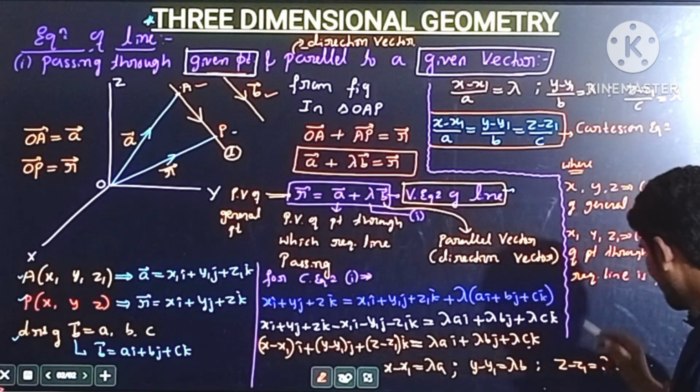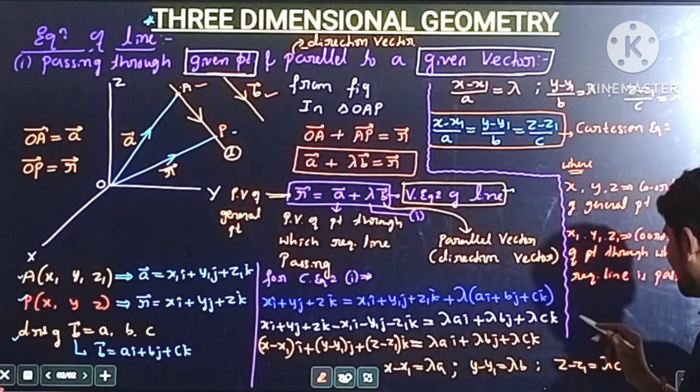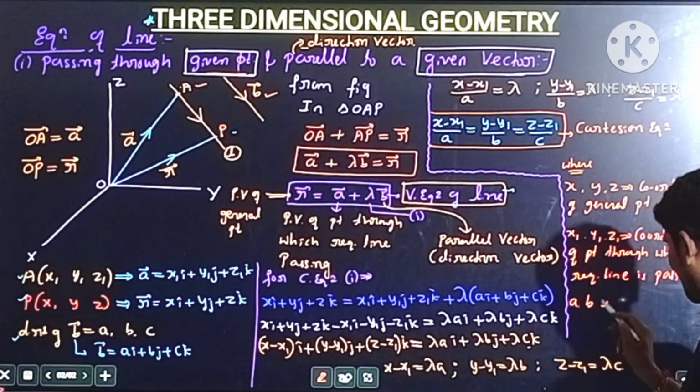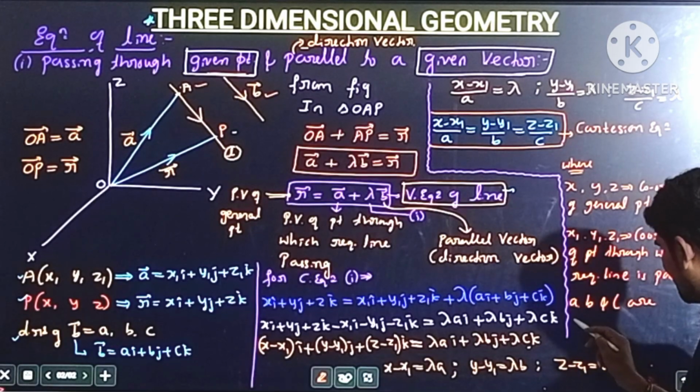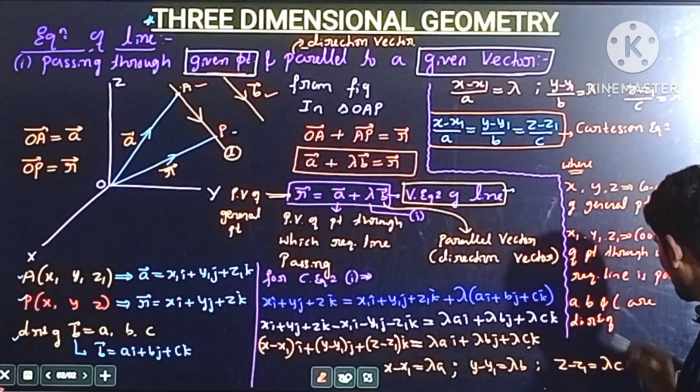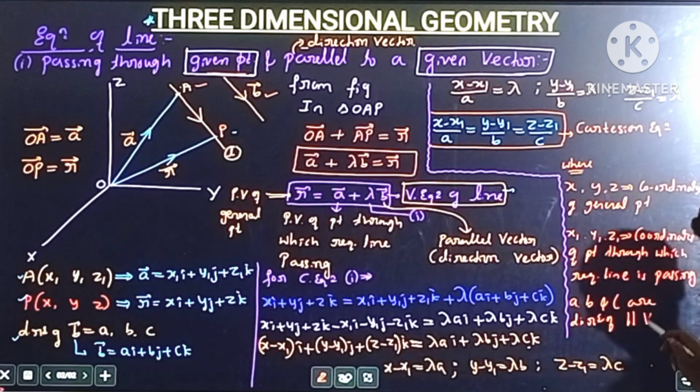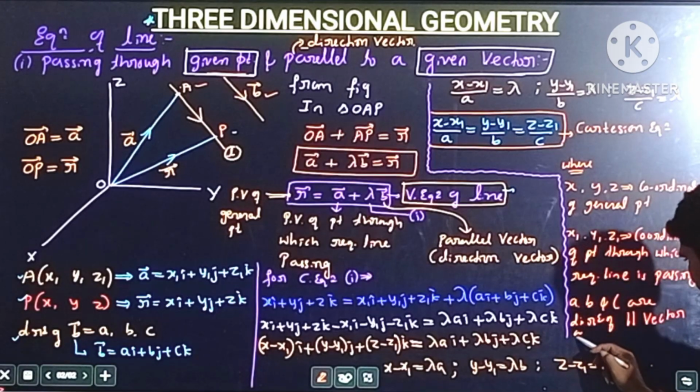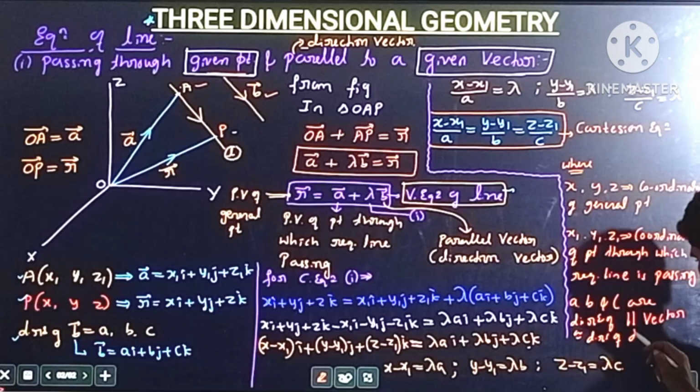And a, b, c are what? Direction ratios of the parallel vector, direction ratios of the direction vector. I hope all of you understood.